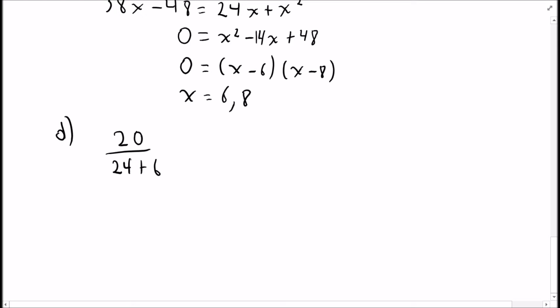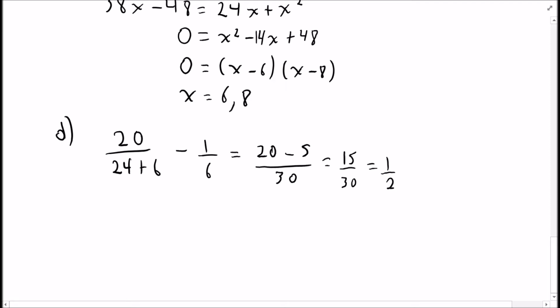So 20 over 24 plus 6 minus 1 over x. Let's see what we get there. We get 20 minus, and if I get a common denominator, 24 plus 6 is 30. To get 6 up to 30, I would times it by 5. So minus 5 over 30 would give me 15 over 30, which is 1/2.